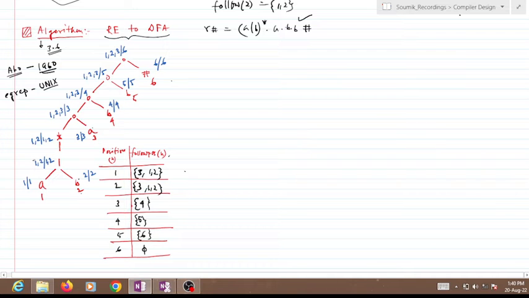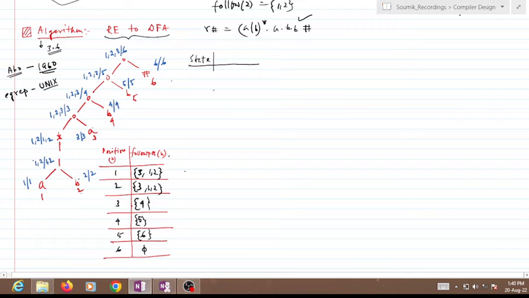After calculating all the firstpos and lastpos, we find the followpos for all leaf nodes. In this algorithm, only these followpos values are required. So let us create the state table.